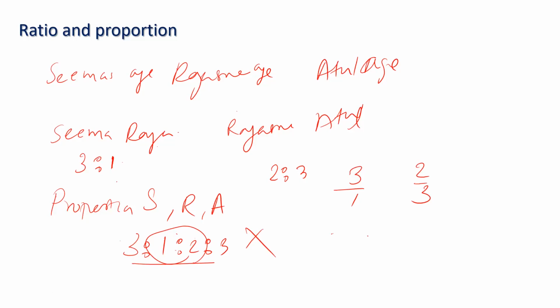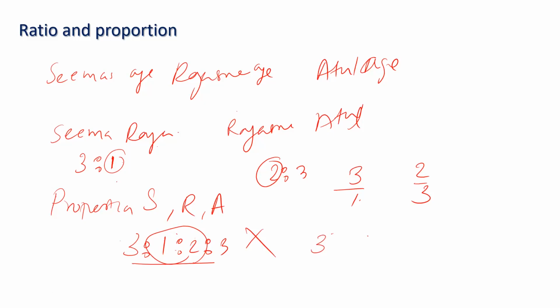Okay. This way we have got the ratio, so we will try to make this one matching with this 3:1. For that we have to multiply. 3:1 है, तो हम क्या करेंगे?